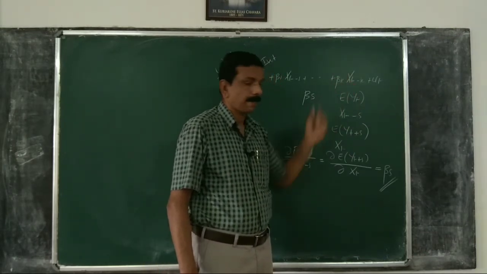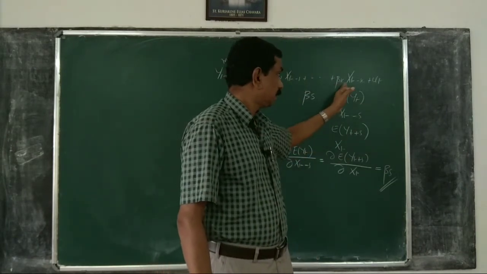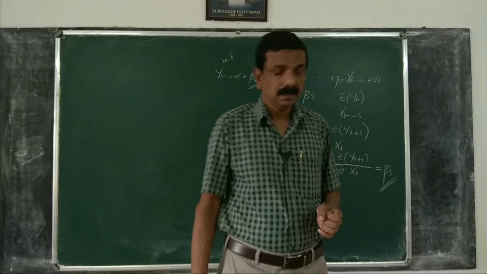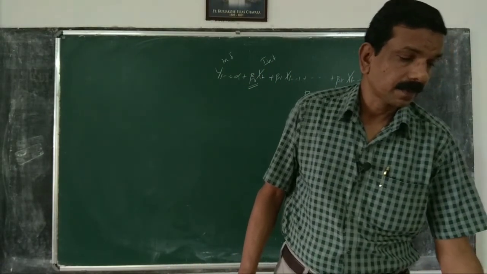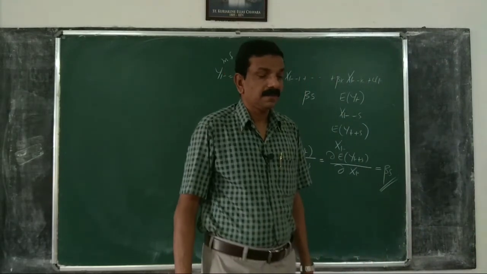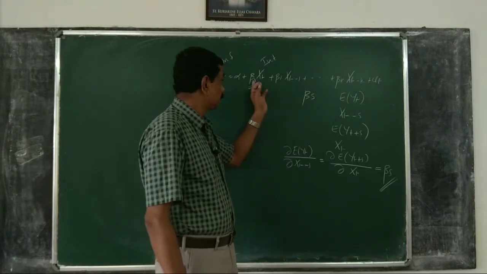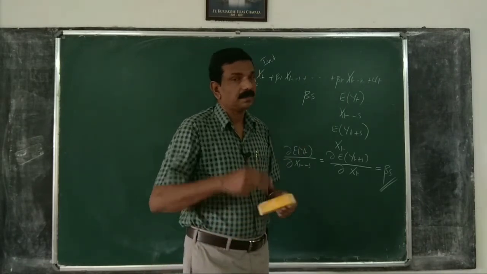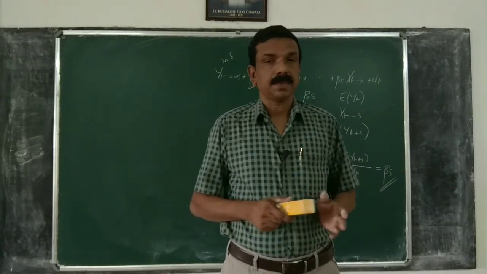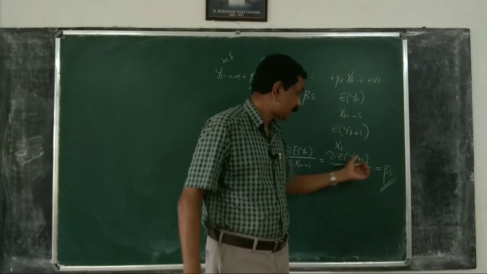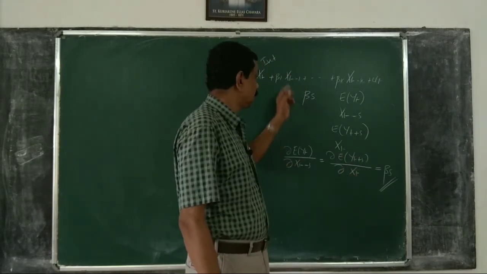As the lag length is specified, it is an example of a finite distributed lag model, and the coefficients are the weights in this scheme. Beta 0, as we have discussed in the last class, is known as the impact multiplier: ∂E(yt)/∂xt.